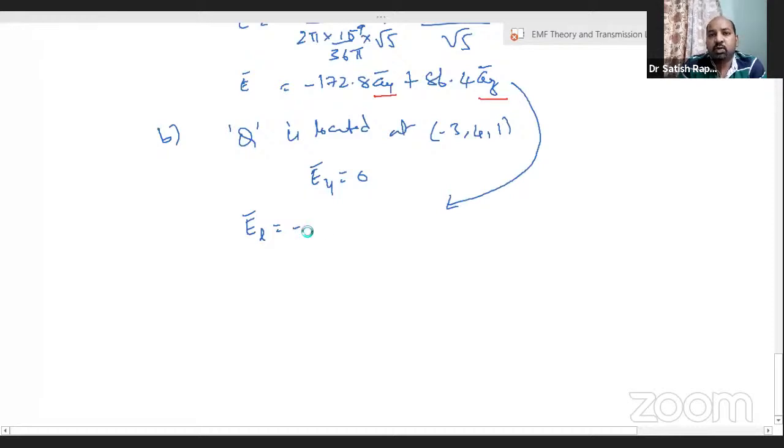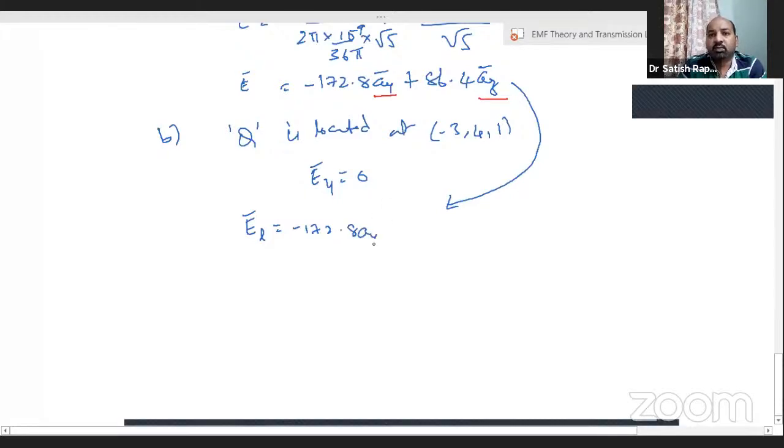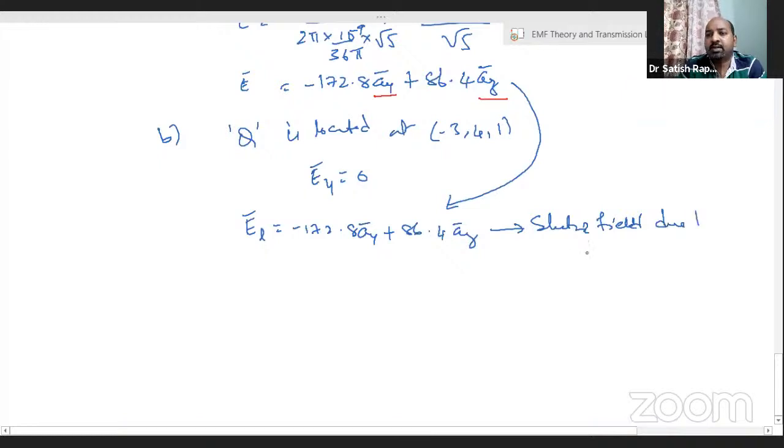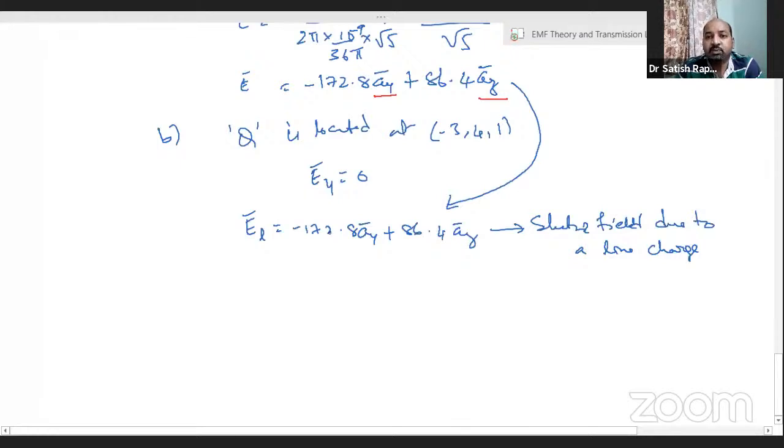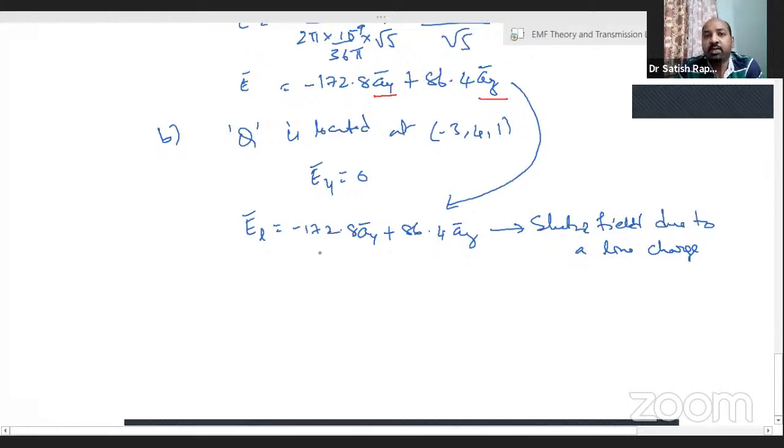E_L is equal to 172.8 a_y bar plus 86.4 a_z bar, right? So this is the electric field due to a line charge, which we have determined just now.